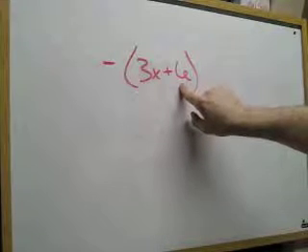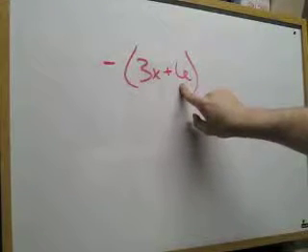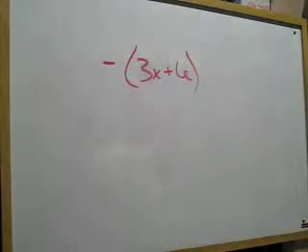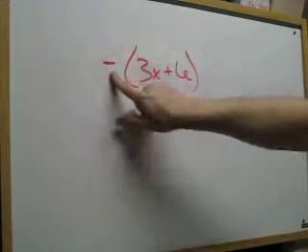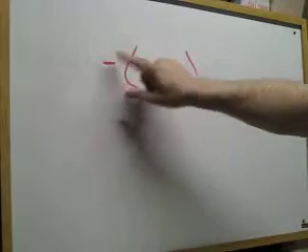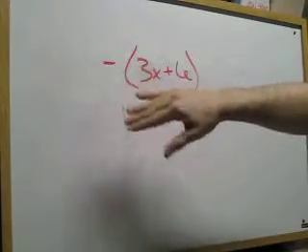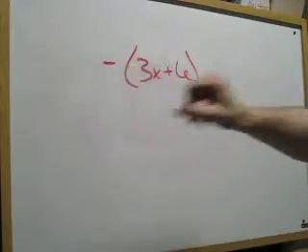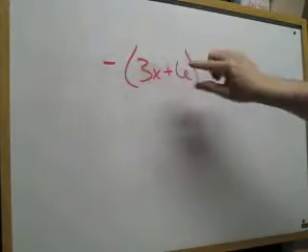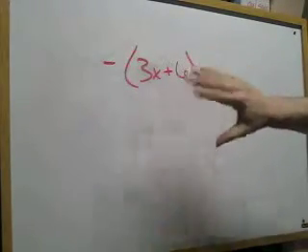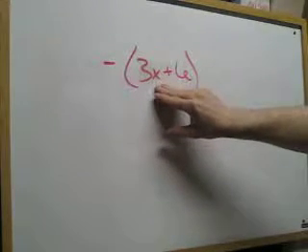So what I suggest doing, I can go through the theory, but at this point the best way to do it is just to understand the concept that when you have a minus sign directly in front of a parenthesis, doesn't matter if it's a minus 5, a minus 3, or in this case a minus 1, when we take off the parenthesis, we have to change the sign of everything inside of the parentheses.